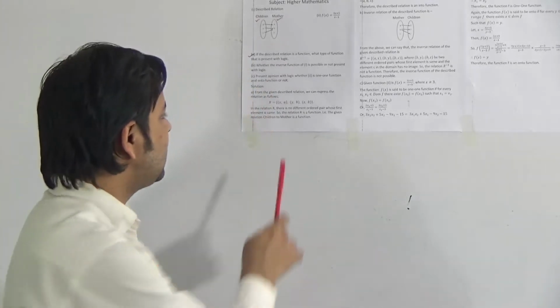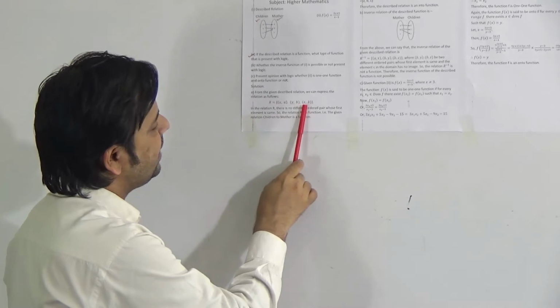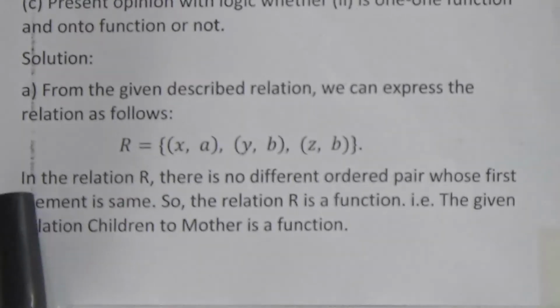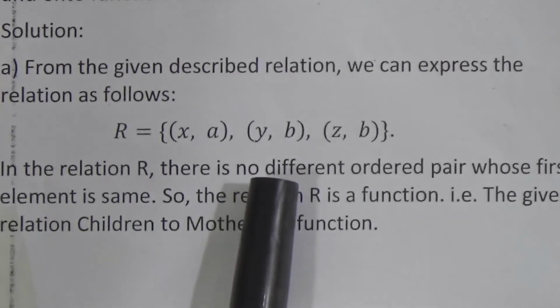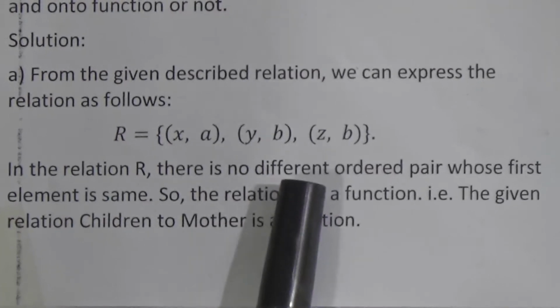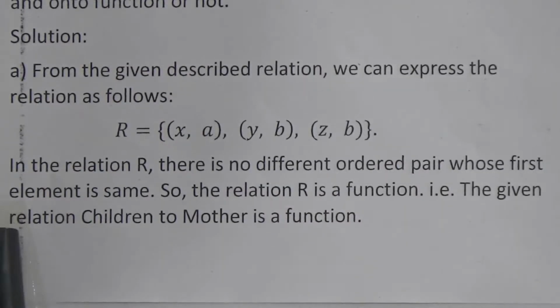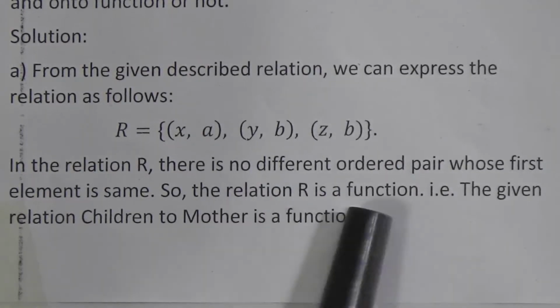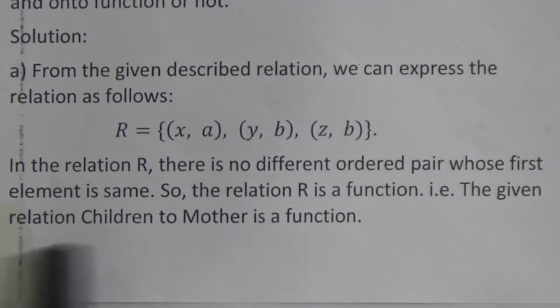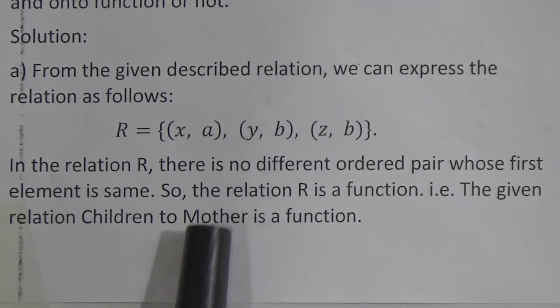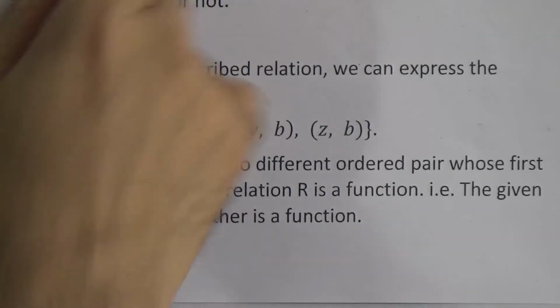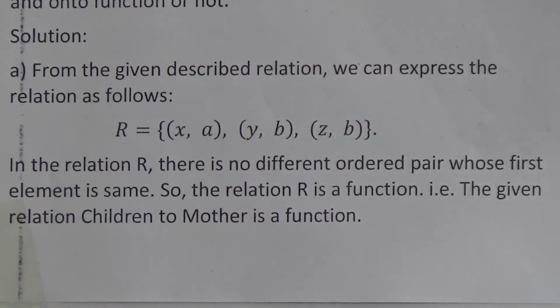As all the first elements are different here, x, y and z, this relation is said to be a function. We have written in the relation R, there is no different ordered pair whose first element is the same. So the relation R is a function, that is, the given relation children to mother is a function.